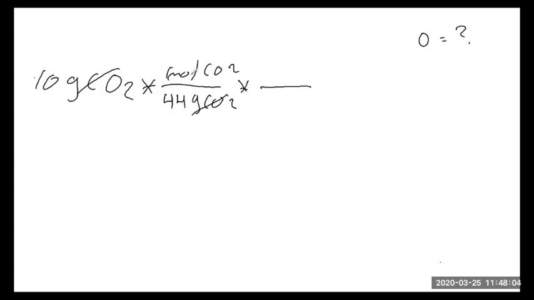So 1 mole of CO2 goes in the bottom, and the top is 6.02 times 10 to the power 23 CO2. That's correct. Do the math right now.